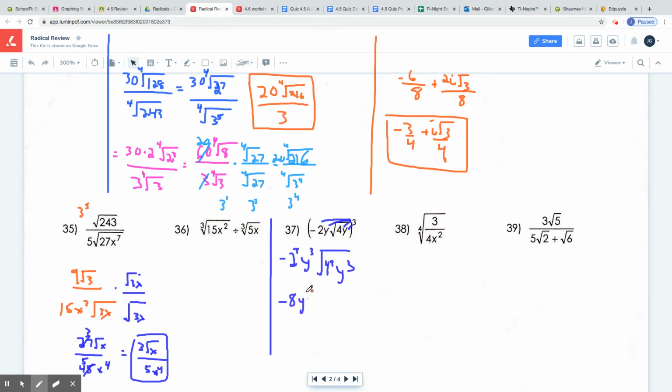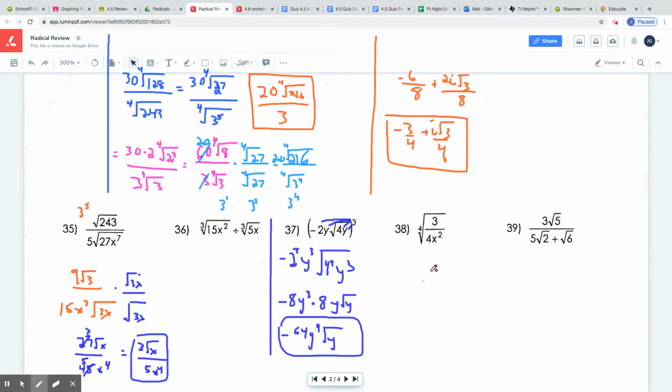We got a y cubed. The square root of 4 cubed: 4 cubed is 64, which is an 8. Then we have the square root of y cubed, which is y, square root of y. So you get negative 64 y cubed times y, which is y to the 4th, square root of y. All right, and there's your answer.